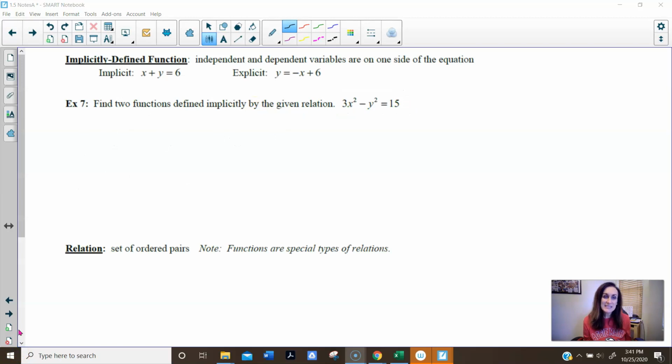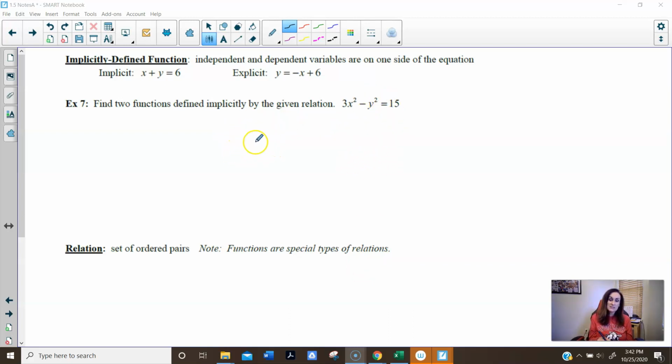So an implicitly defined function is where we take a function and basically solve for y. It would be a function that we could put into our graphing calculator. So this happens to be a circle, but I can't graph a circle in my graphing calculator. So what I'm going to do is just solve for y.